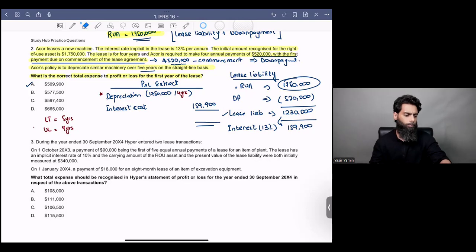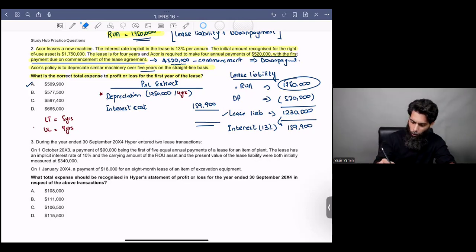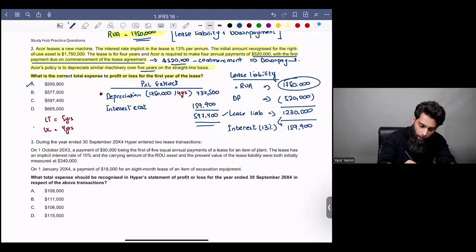The answer would be 437,500. And when you add 437,500 to 159.9, the answer would be 597,400. Is everybody on the same page with me? Your answer is C, not A. Is everybody on the same page, guys?